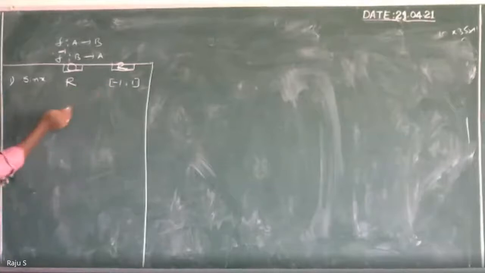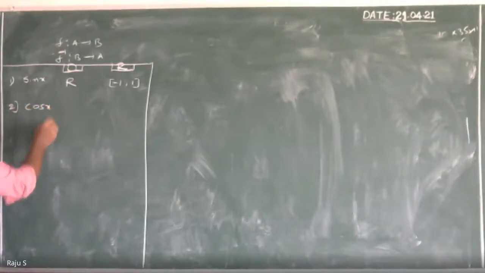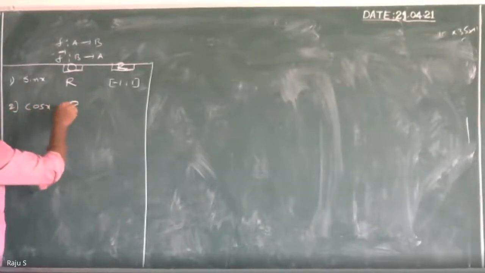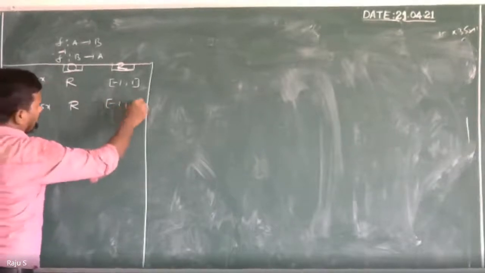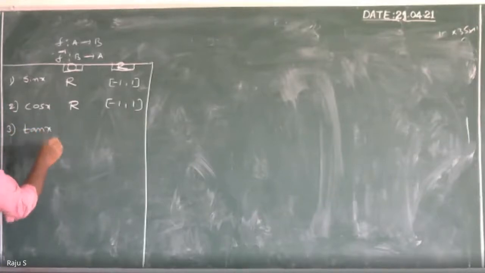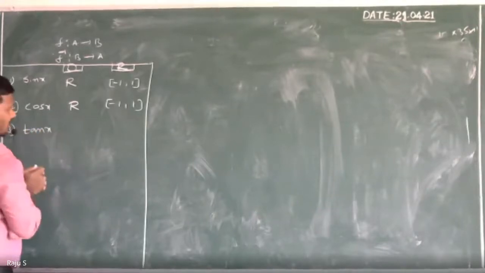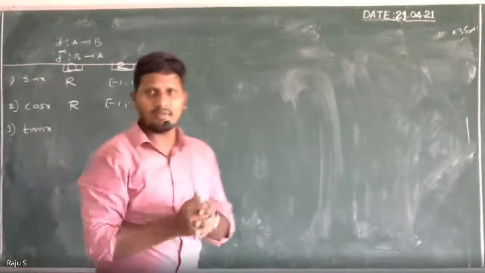sin x: domain is R, range is minus 1 to 1. And the second one is cos x. cos x also has the same domain, real numbers, and range minus 1 comma 1. And clearly, tan x, everyone should note it down. Okay, what is the domain here? Anyone? What is the value of tan 90?